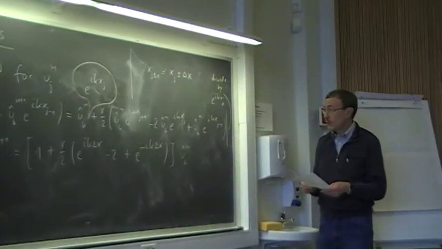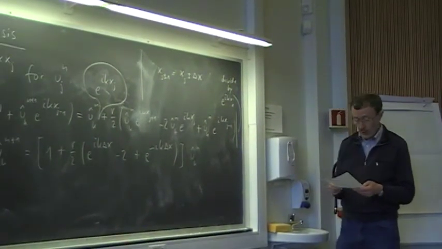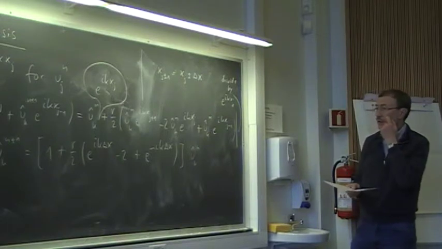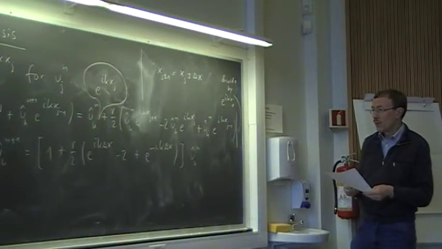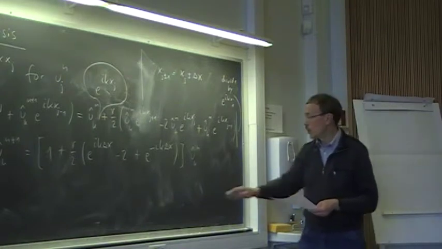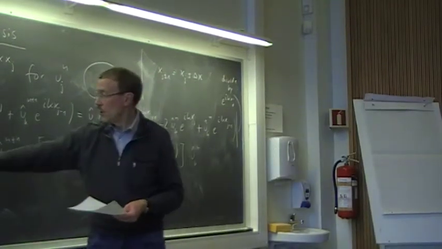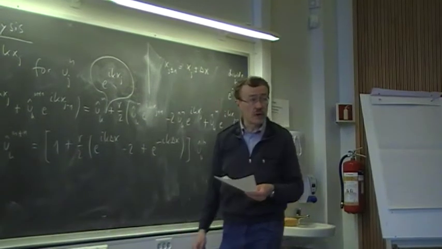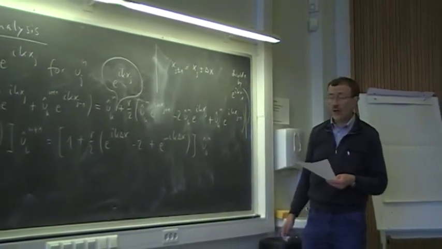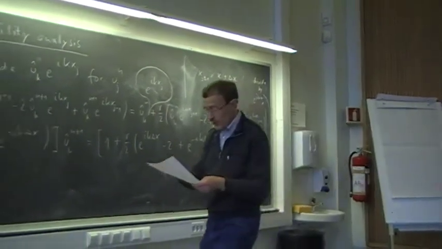So, and from that we can now easily determine, well, first we make a little simplification, because we have terms that are actually the same on the left and right hand side involving e to the plus and minus ik delta x. So there we use Euler's formula.